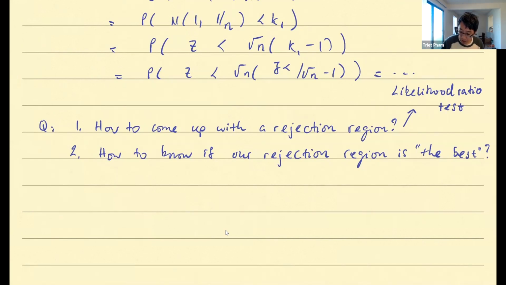But this is not the only possible answer, because as you are already familiar, you know of the t-test, z-test, the chi-square test, etc. I'll just call them routine traditional tests. The t-test, the chi-square test, the f-test, that kind of thing.